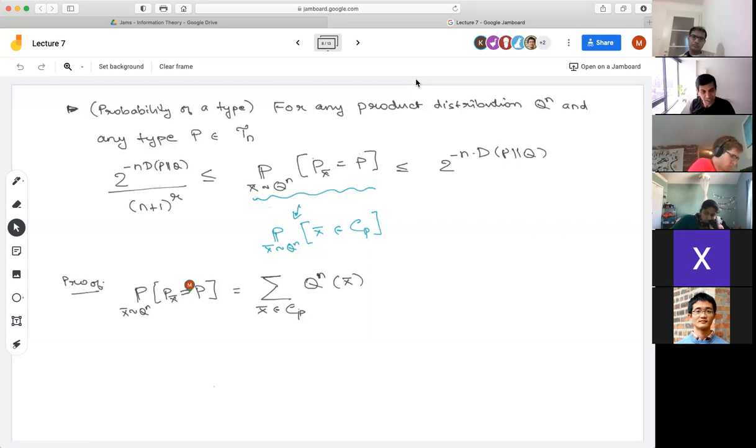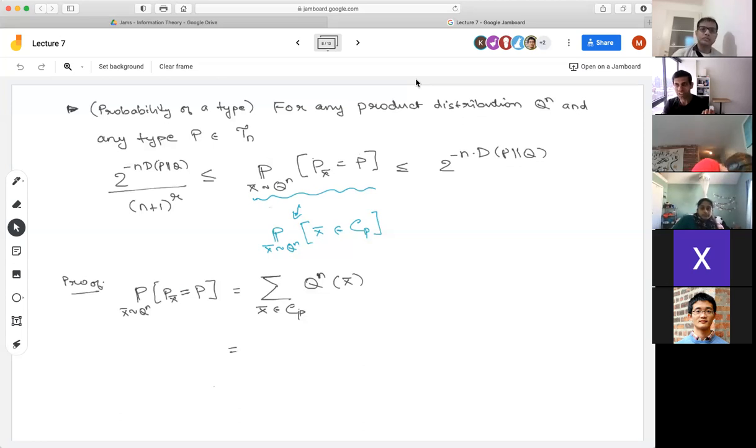The probability that the type of the output sequence is equal to P means that we write down all the output sequences of that type and we just add up all their probabilities.